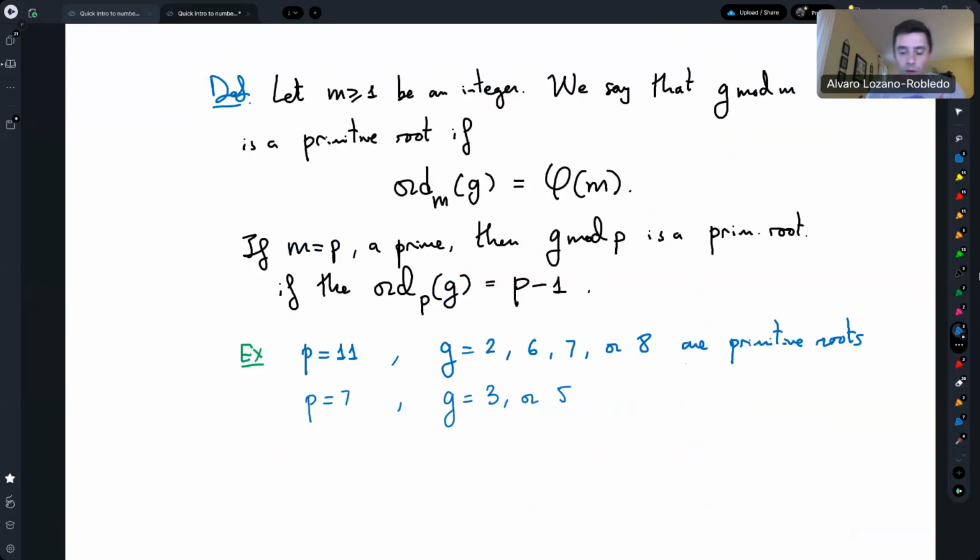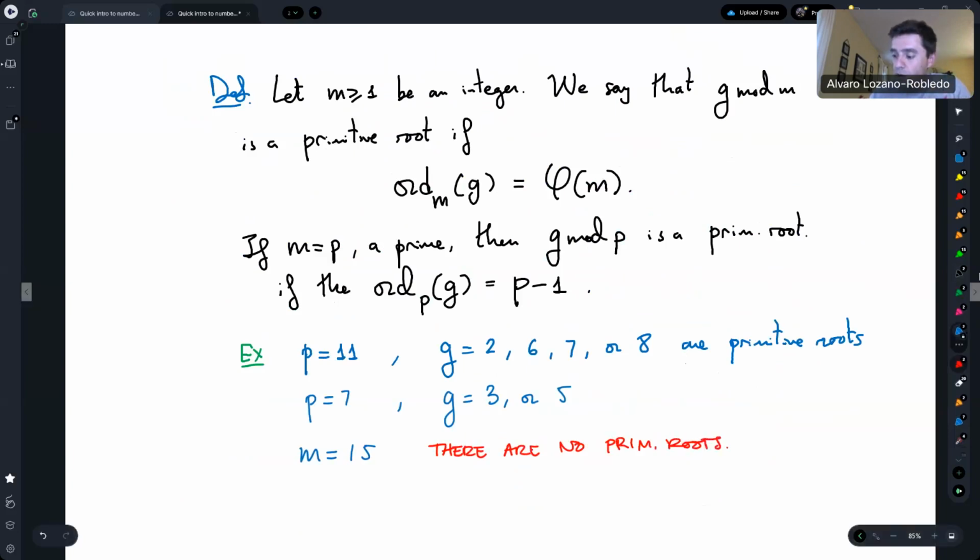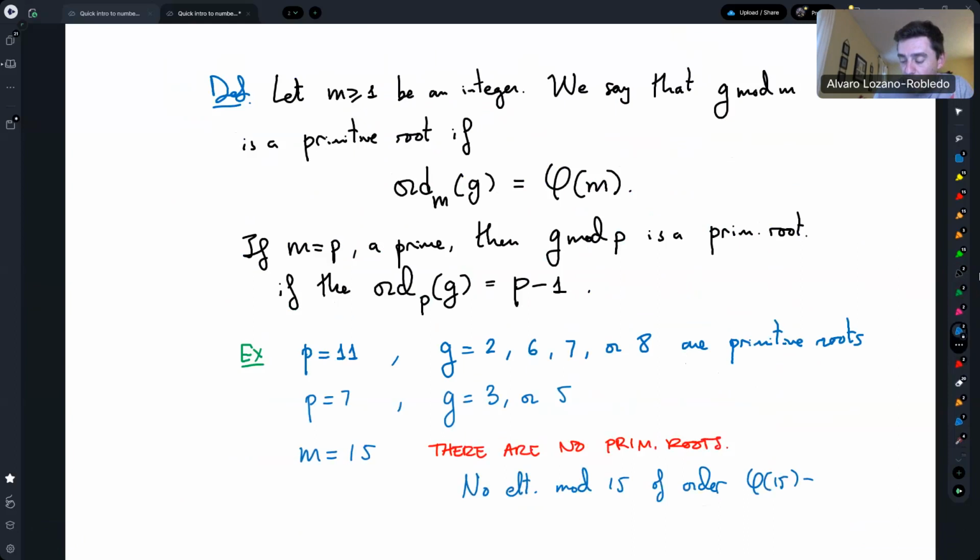I think we also went through the powers of 3 and showed that the powers of 3 cycle through all the units modulo 7, and that the order of 3 is precisely 6, equal to 7 minus 1. However, when m is 15, there are no primitive roots. A primitive root would have order phi of 15, which is 8.